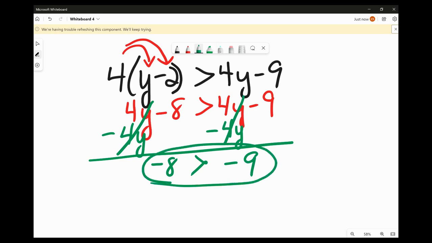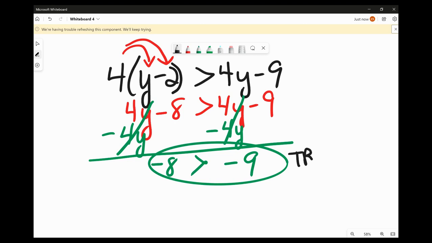No variable left. I look at that and determine if it's a true or a false statement. Is negative 8 greater than negative 9? It is. Since it's a true statement, my answer is all real numbers.